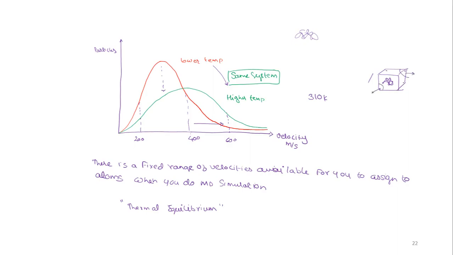Only then will your probability distribution work properly. Why? Because the velocities of particles that we assign to begin the molecular dynamics simulation depend completely on the temperature. So it is very important that your system is assumed to be at thermal equilibrium.